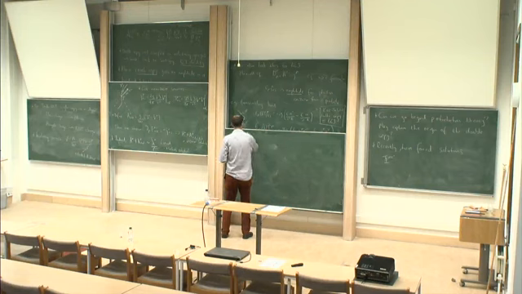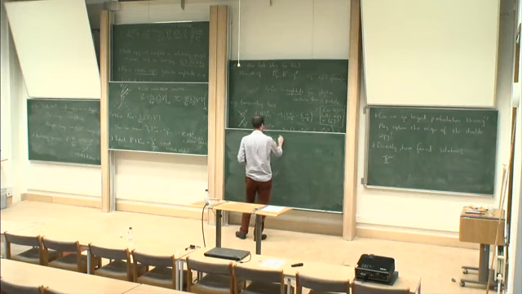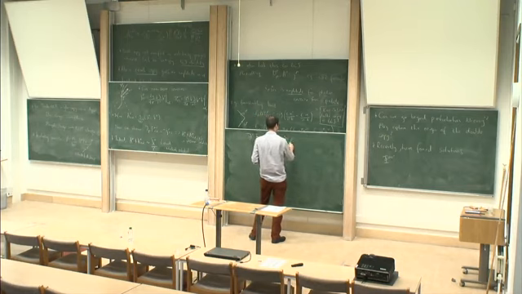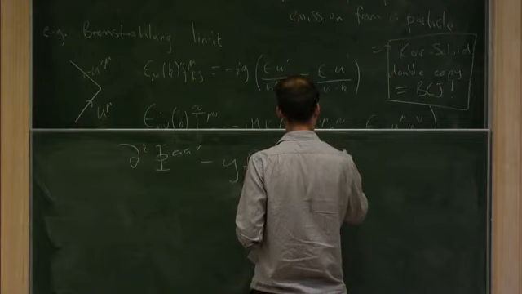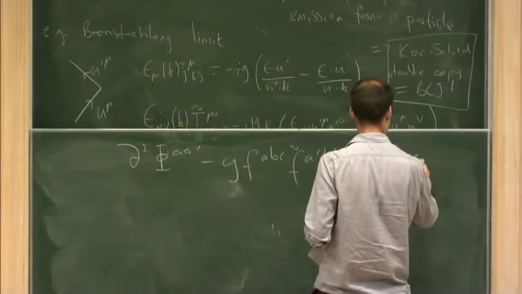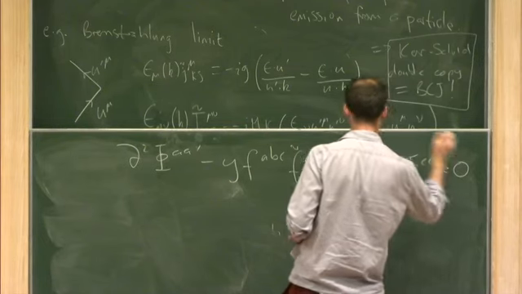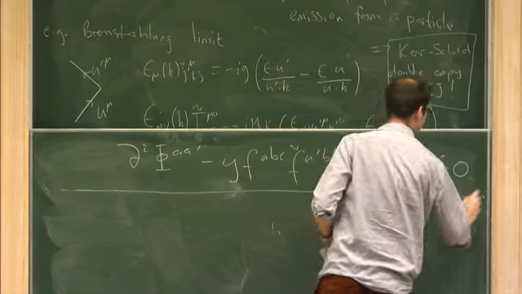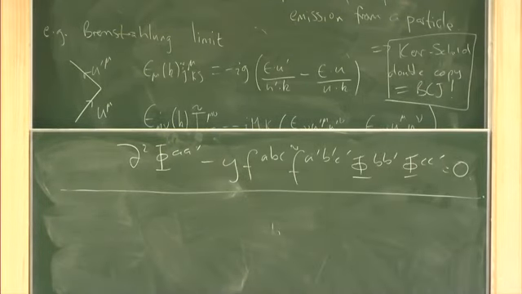So the field equation I'm talking about is d² φ^{AA'} minus y F^{ABC} F̃^{A'B'C'} φ^{BB'} φ^{CC'} is 0. I've looked for static solutions of this.